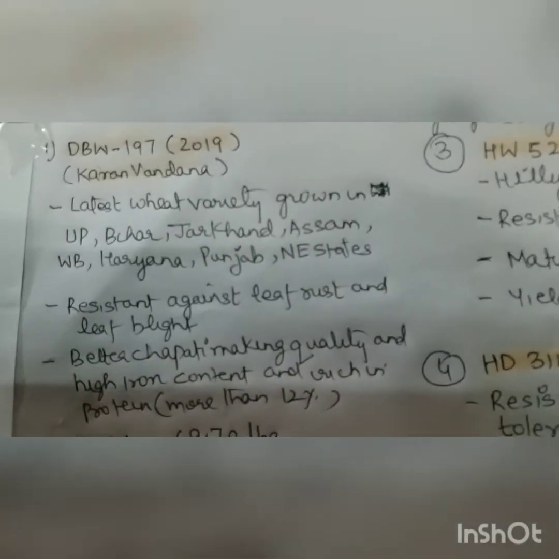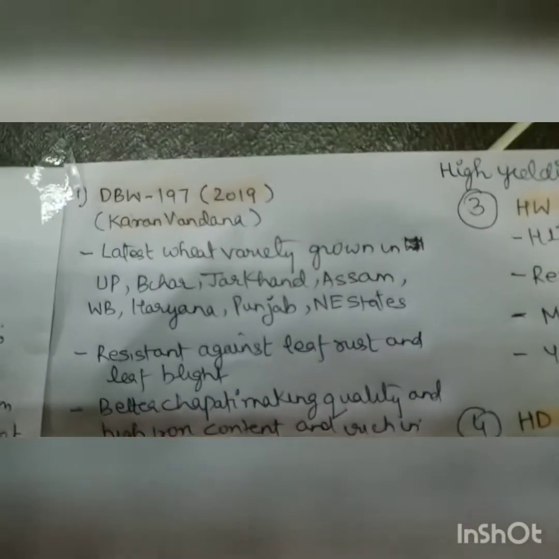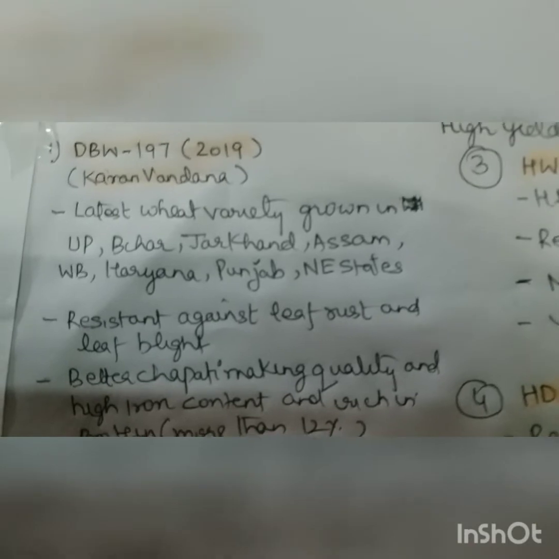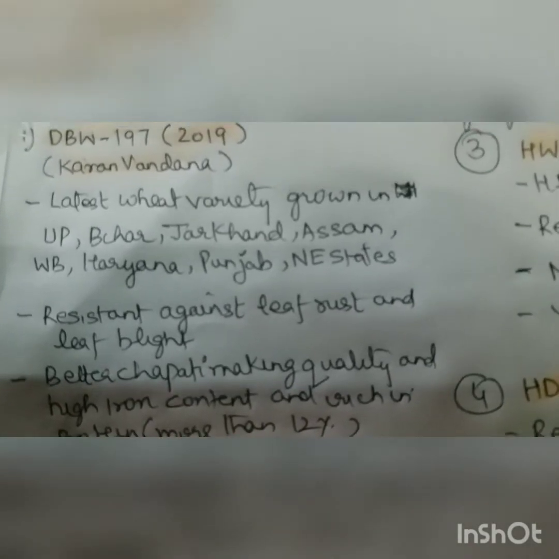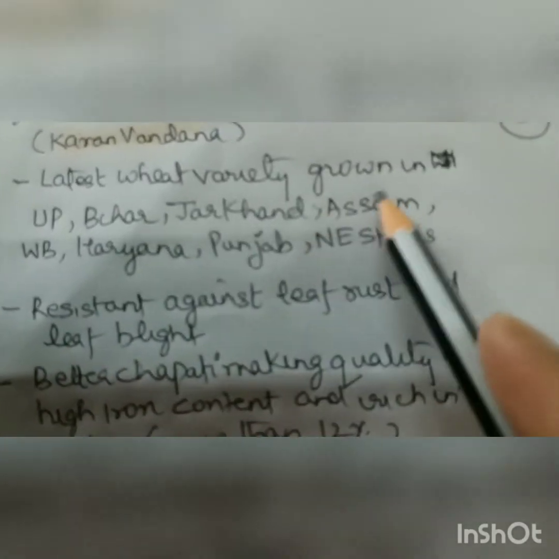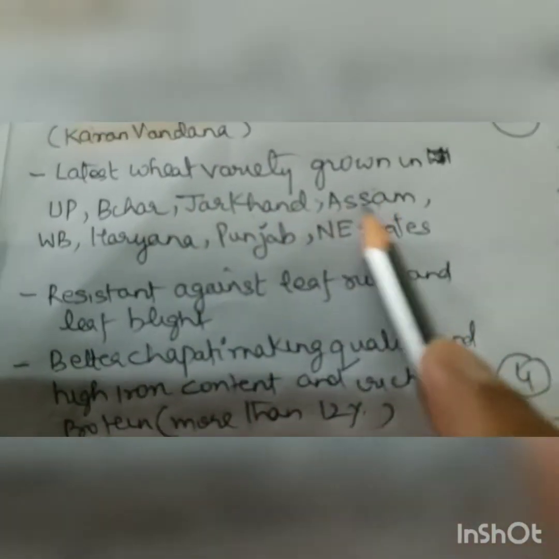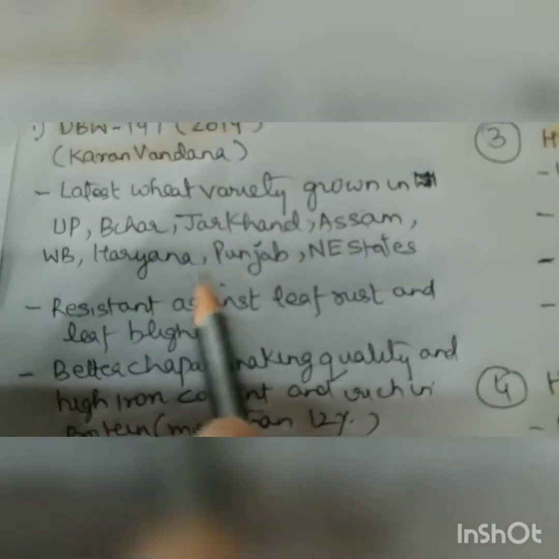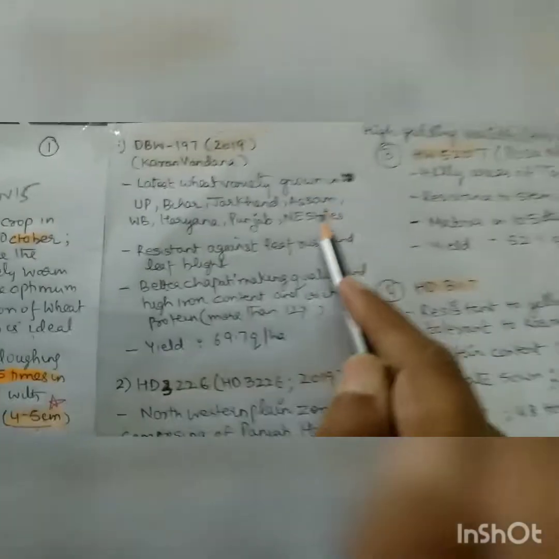Then we have the first variety, BW197, which was released just in 2019, also called Karan Vandana, the latest wheat variety grown in UP, Bihar, Jharkhand, Assam, West Bengal, Haryana, Punjab and Northeast states.